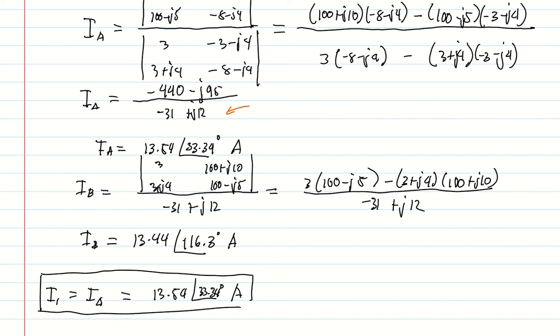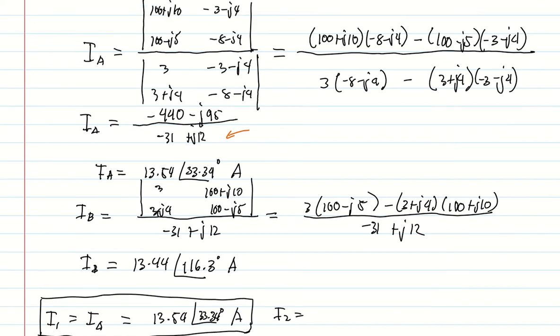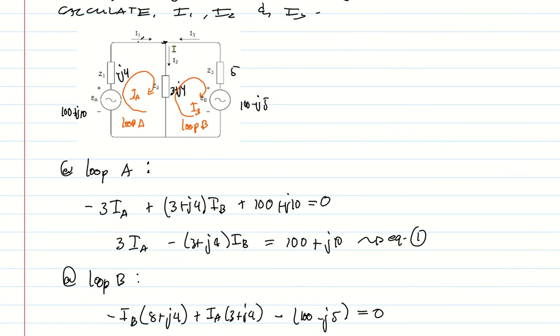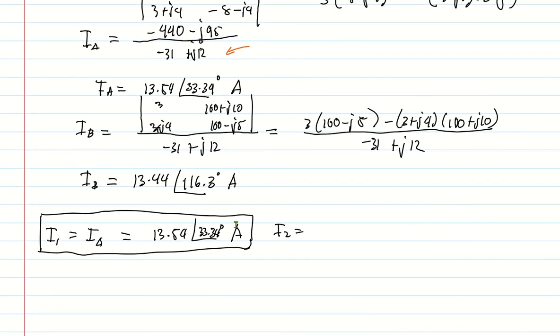Then for I2, where's I2? I2 is the current passing through Z2, and there are two currents passing through here. We have IA and IB. So it should be IA minus IB. IA is 13.54 angle 33.34 degrees.